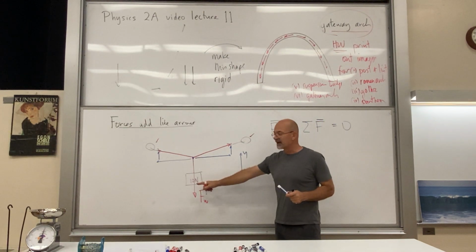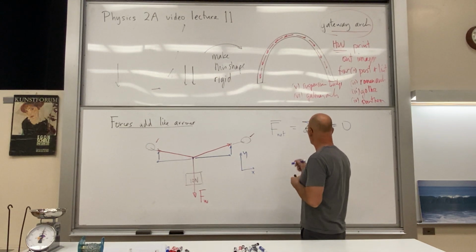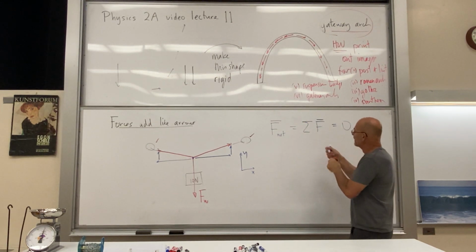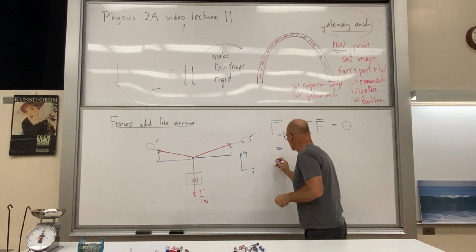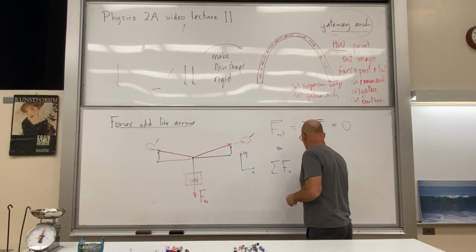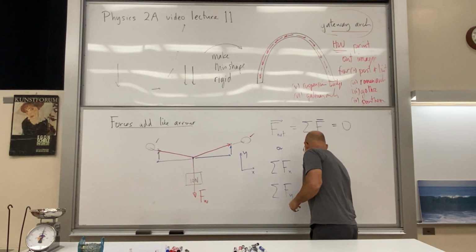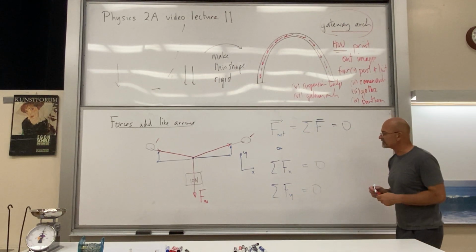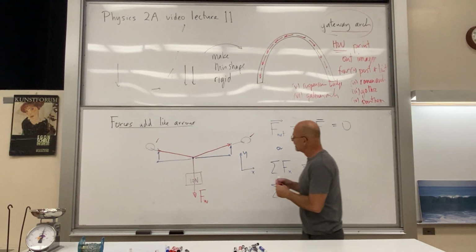We're not going to call it 10 newtons, we're just going to call it F sub W. So now what we have here is in components, we have the sum of the x forces equals 0, and the sum of the y components is equal to 0 as well. And we're going to fill in what we have here.